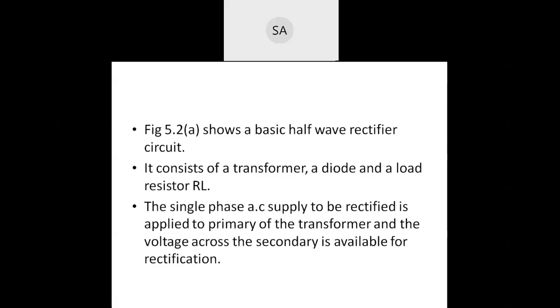The single phase AC supply to be rectified is applied to the primary of the transformer, and the voltage across the secondary is available for rectification. This side of the winding we call the primary winding and this winding we call the secondary winding. To the primary winding we apply the AC main supply. This applied voltage will be available across the secondary winding, which is applied for rectification to the diode.